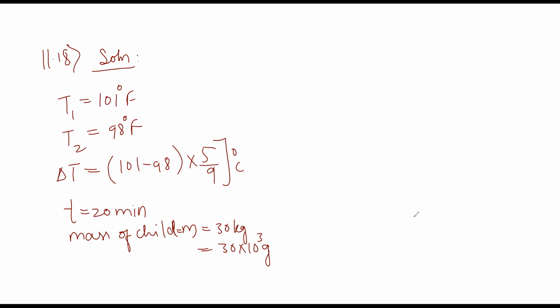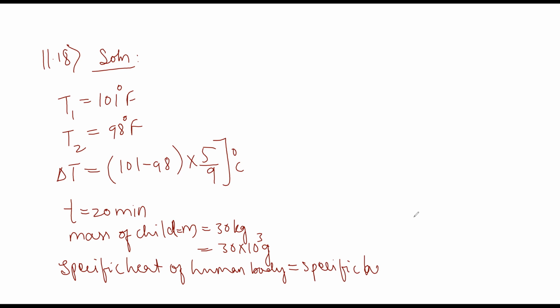Specific heat of human body is equal to specific heat of water. So let us consider it as C, that is 1000 calorie per kg per degree Celsius.